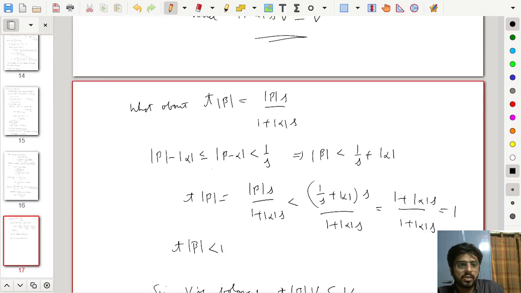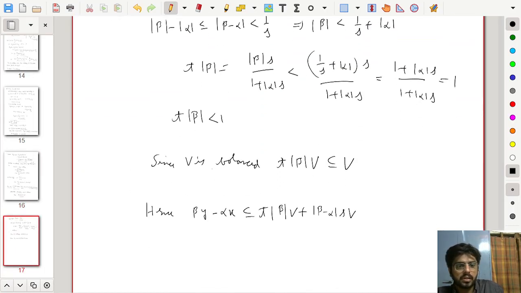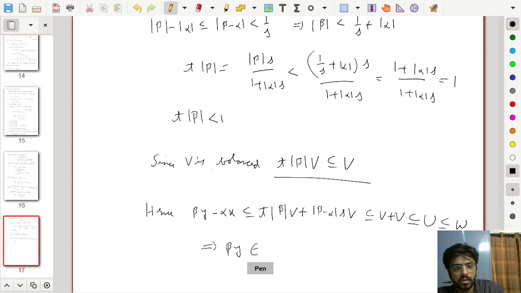And what did we show here? We showed that this is contained in V and this is contained in V. So we get this is contained in V plus V. This by choice is contained in U, right, which is contained in W. This implies beta y belongs to alpha x plus W, right?